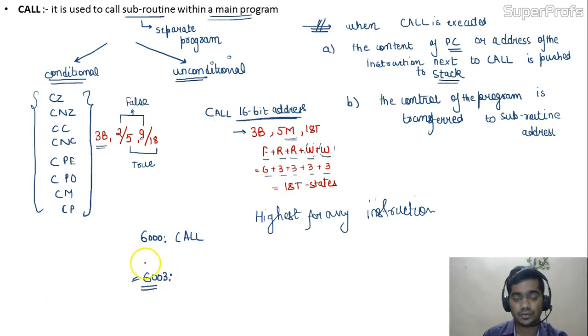As the program counter controls the flow, that's why we are transferring this data to the stack so that it can be revived again.